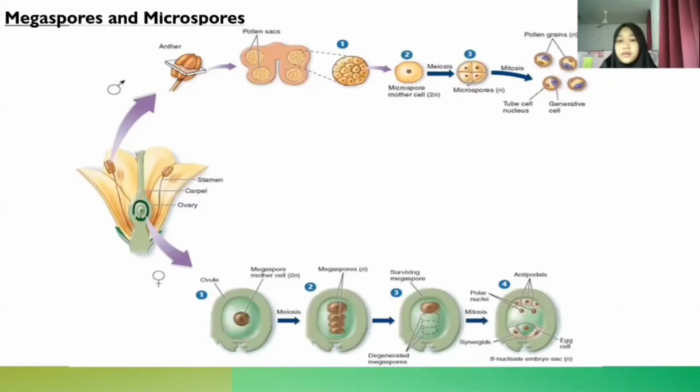The surviving megaspore will undergo mitosis to produce the female gametophyte, or the embryo sac. The embryo sac consists of 7 cells, which are 1 egg cell, 2 synergid cells, 1 central cell that contains 2 polar nuclei, and 3 antipodal cells.